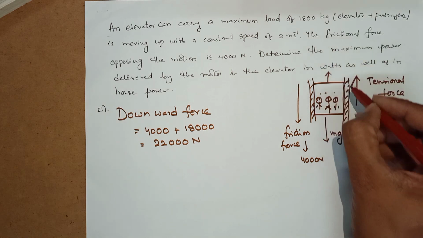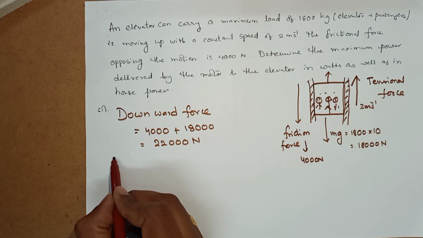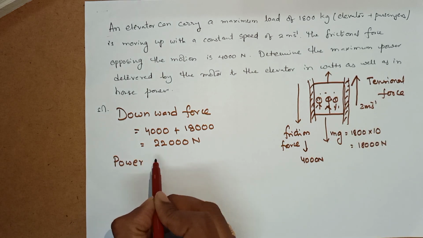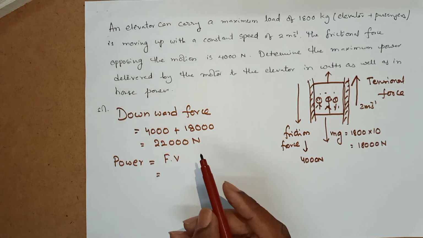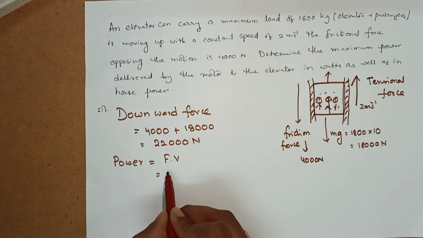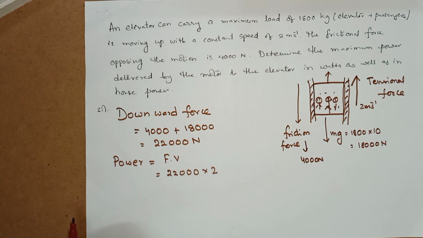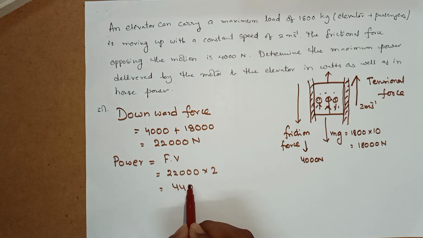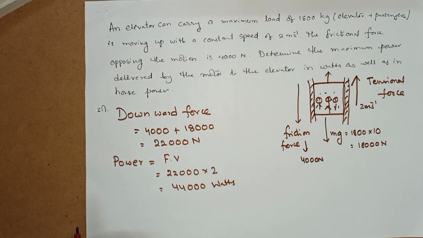So what is the speed? Constant speed is 2 meters per second. What is the power needed? Power is equal to F into V. What is the maximum force that has to be taken? 22,000 into speed 2 meters per second, which is 44,000 watts.